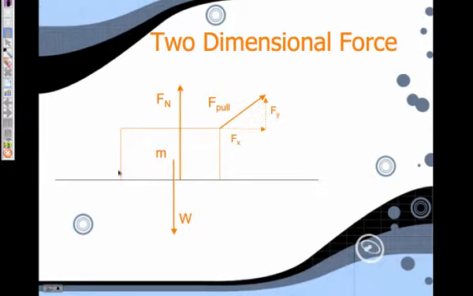Normal force. Since we're on a horizontal surface, it is equal to the weight. They're equal to each other. We're pulling, or we could have a pushing force. We have x, and then we split it into components, f of x, f of y. That would be our force diagram.